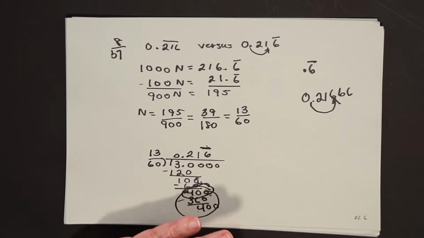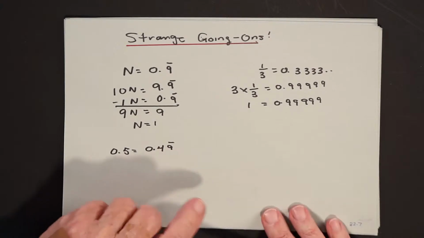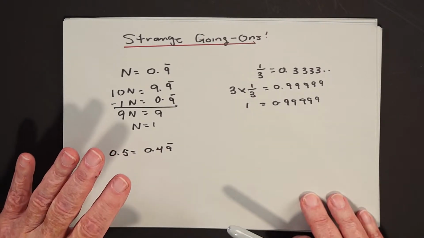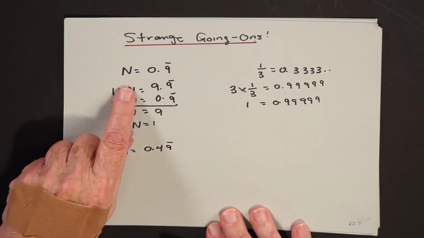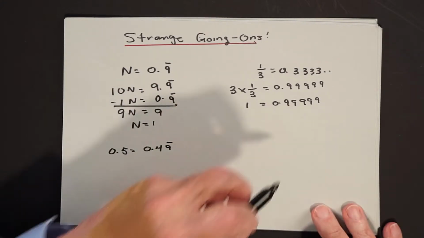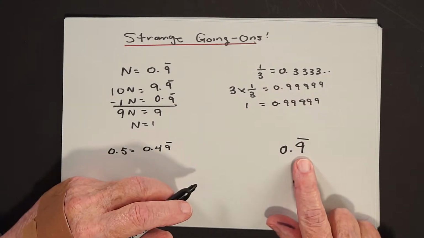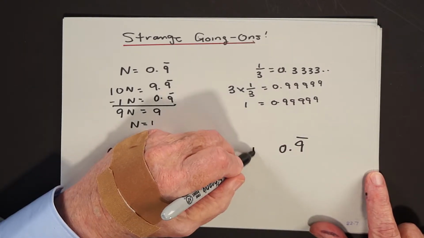And this leads to a very strange thing that I thought you might find interesting. Sometimes crazy things happen when you replace a finite thing by an infinite thing. Let's apply the same logic we've been using to 0.9 bar. The repeating cycle here is a 9, so I'll call this n.